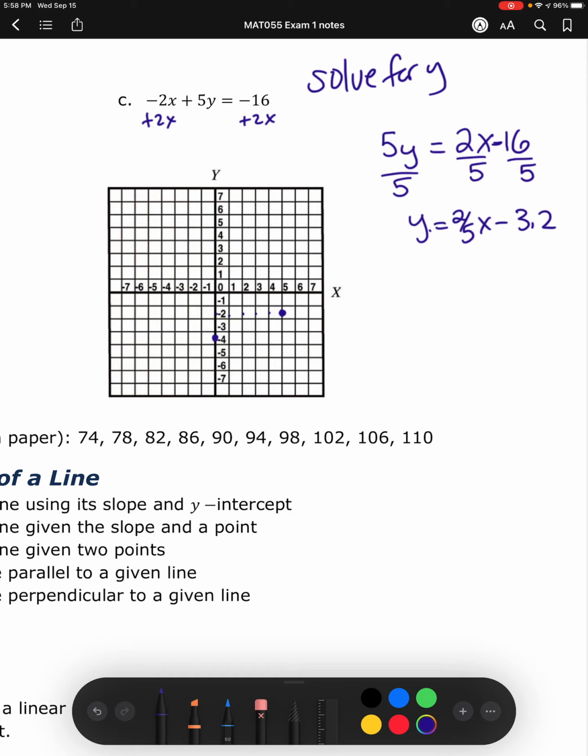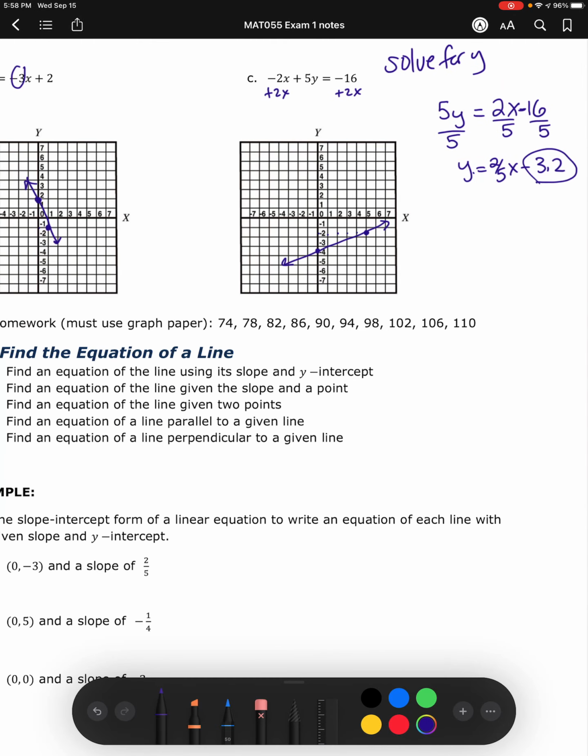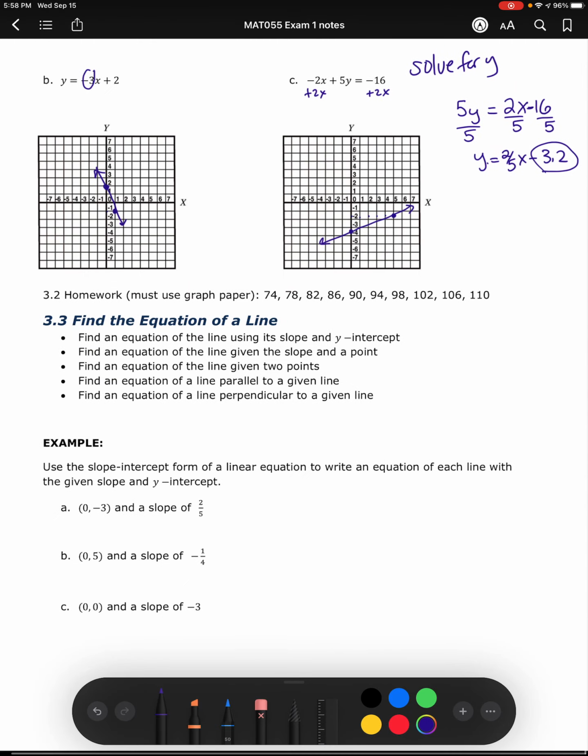Up and over for positive. And then just draw my line. So with fractions, we just do the best we can with what we got. All right, so that means 3.2 homework. I'll give you some practice with that.